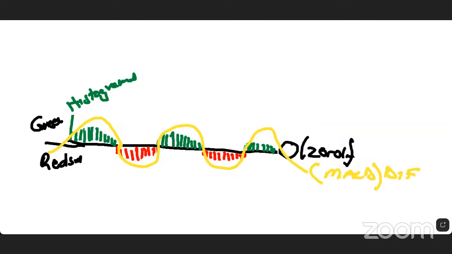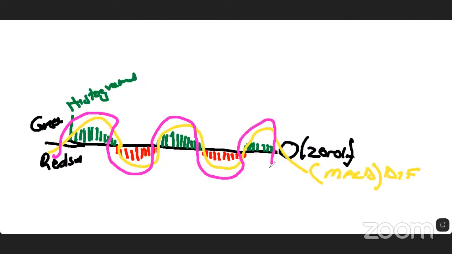Then it usually has a second line. Follow very closely. The second line is this one. It goes like this. Then it crosses here like this. Then it crosses here, and here, and here again.